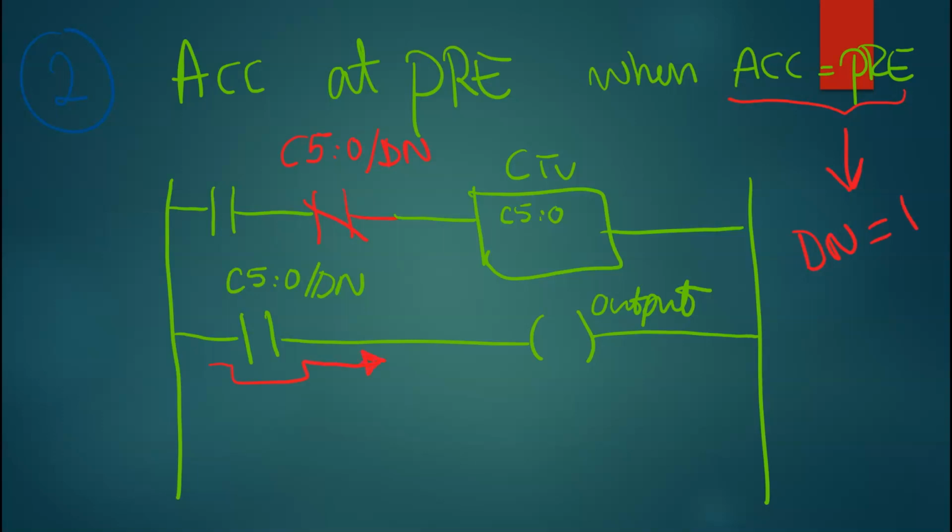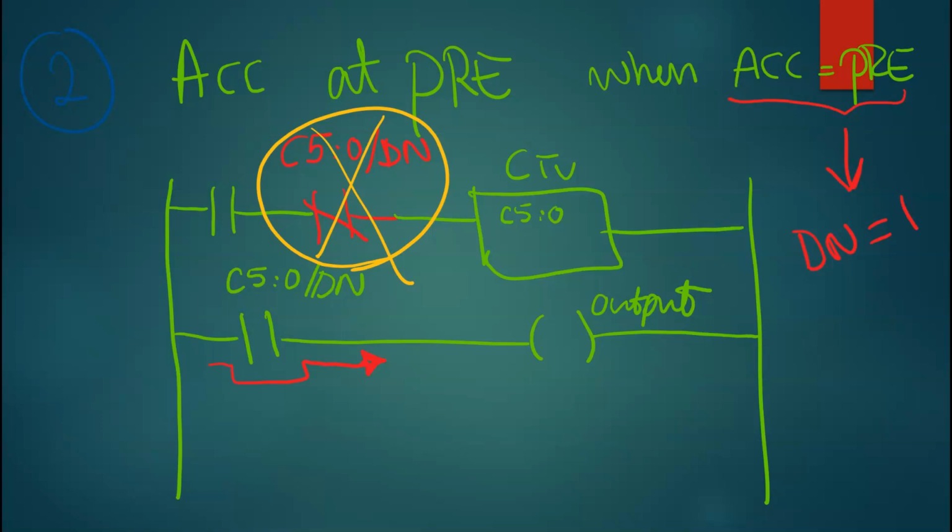But on the other hand, the continuity over this instruction will be interrupted. Before reaching the preset value, what I have here is an instruction which brings continuity all the time. But as soon as it reaches the preset value and turns my done bit to 1, the continuity over this instruction is interrupted, and my counter won't be able to see any transition here.